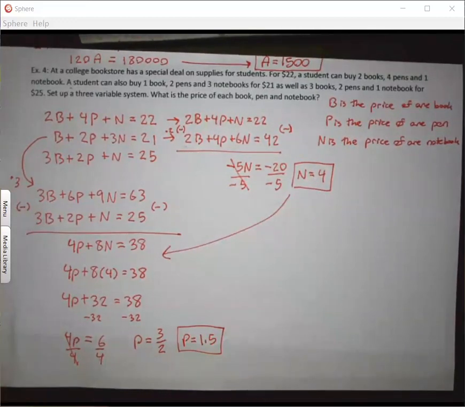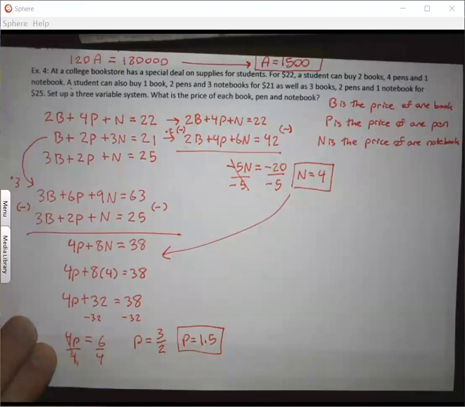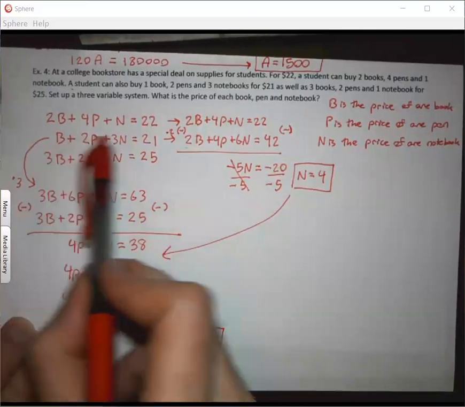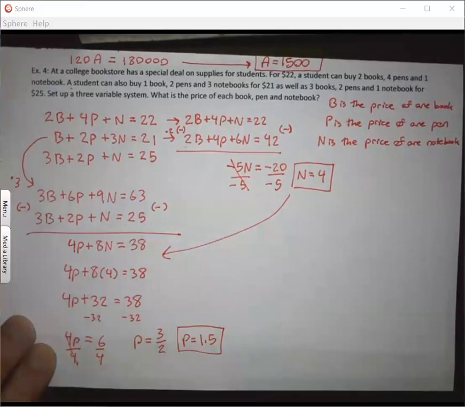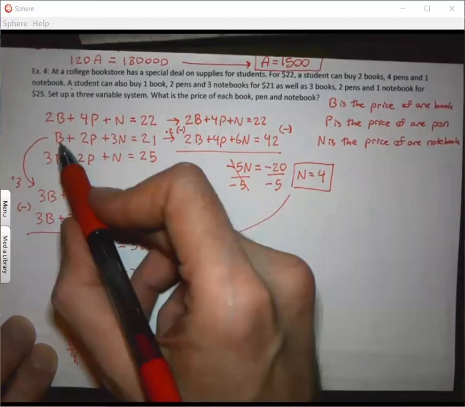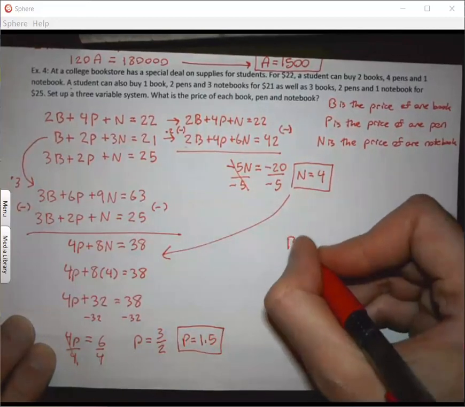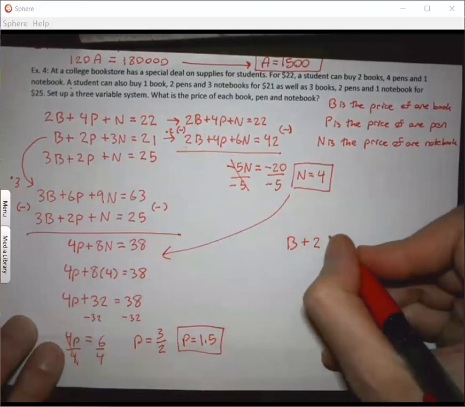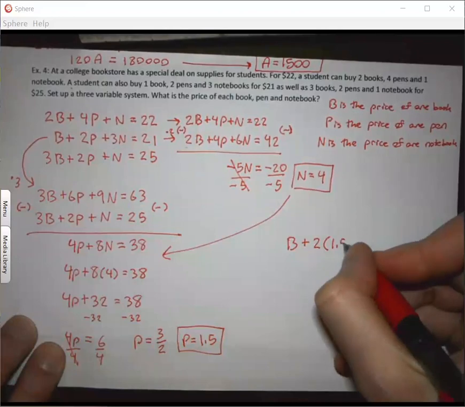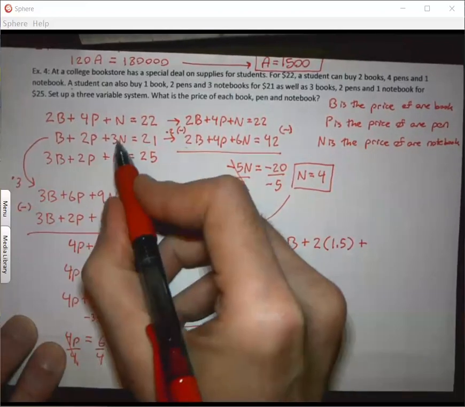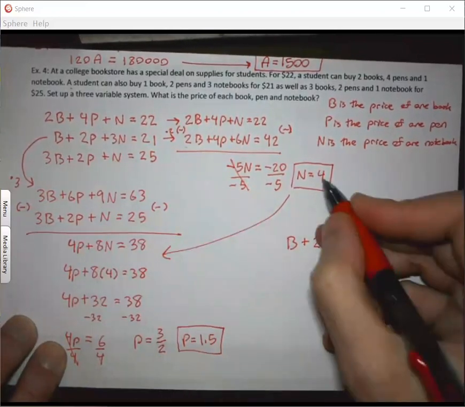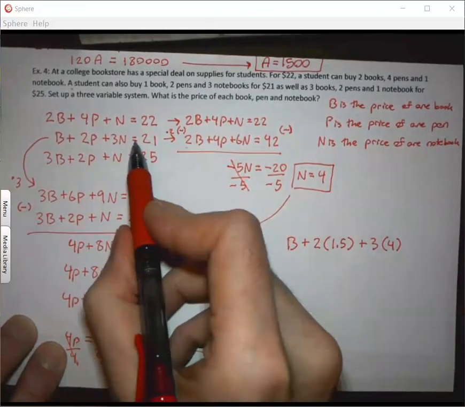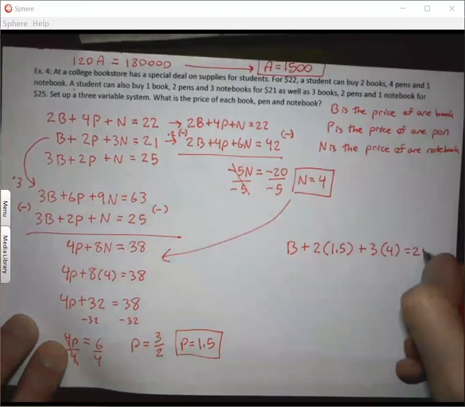So now that we have two, we can go back to an original and use it to find our last variable. I'm going to go ahead and use that one right in the middle. So B, which we don't know, plus 2P, and we know P is 1.5, plus 3N, we know N is 4, equal to 21.